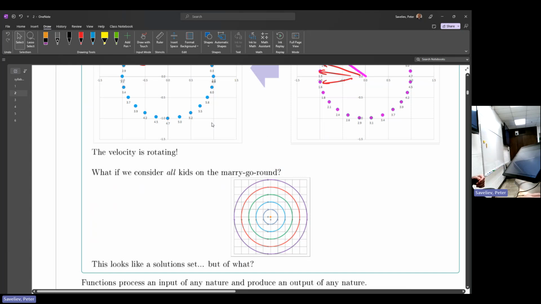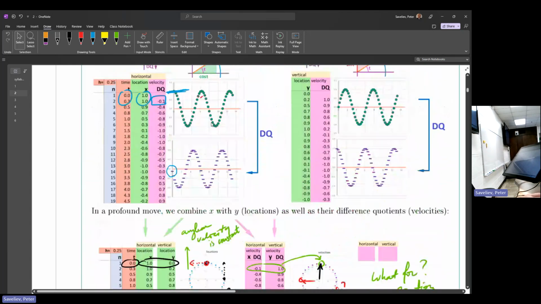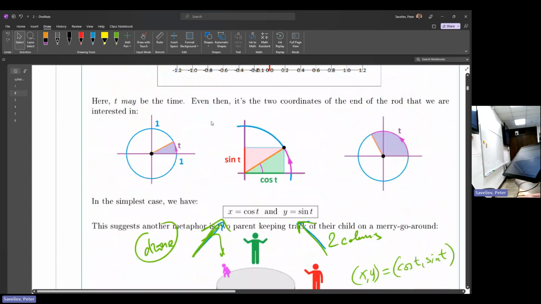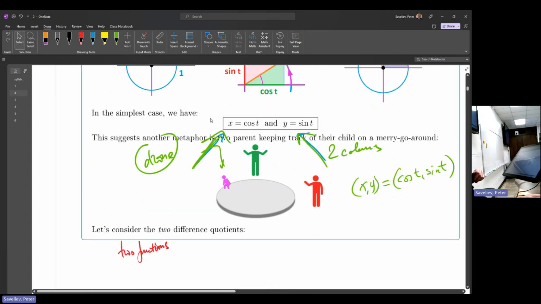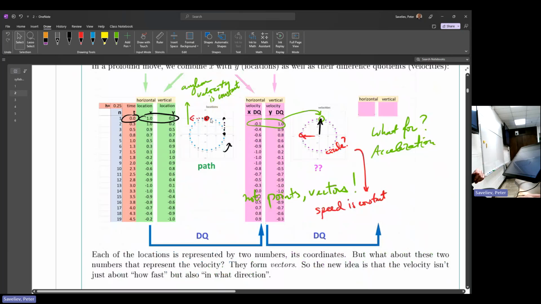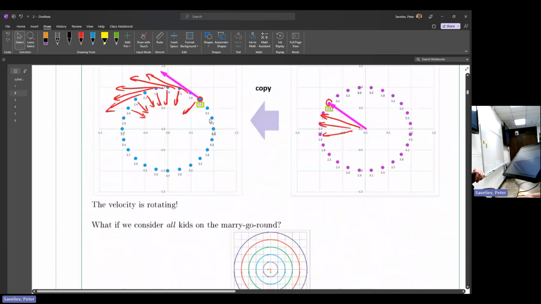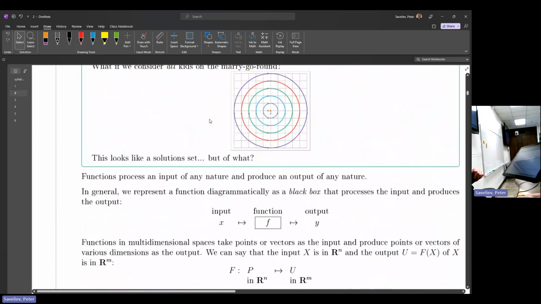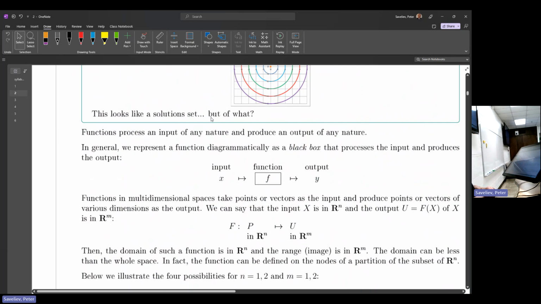Regardless, we already have an example where the output is now a point right here, and it depends on time. So you can do differentiation if you want. As long as you can carry out the algebra, you can carry out also all the calculus operations as well.